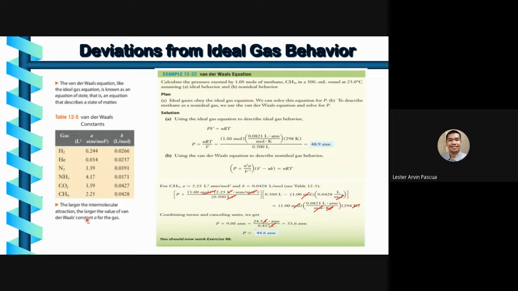So to understand further, those were just models, no? And they're good models to understand what's happening. Pero if we want to really know what's happening, you have to incorporate yung mga different forces of attraction, for example. And one of the ways to do that is to add into our equation yung other components nga that would factor those in.